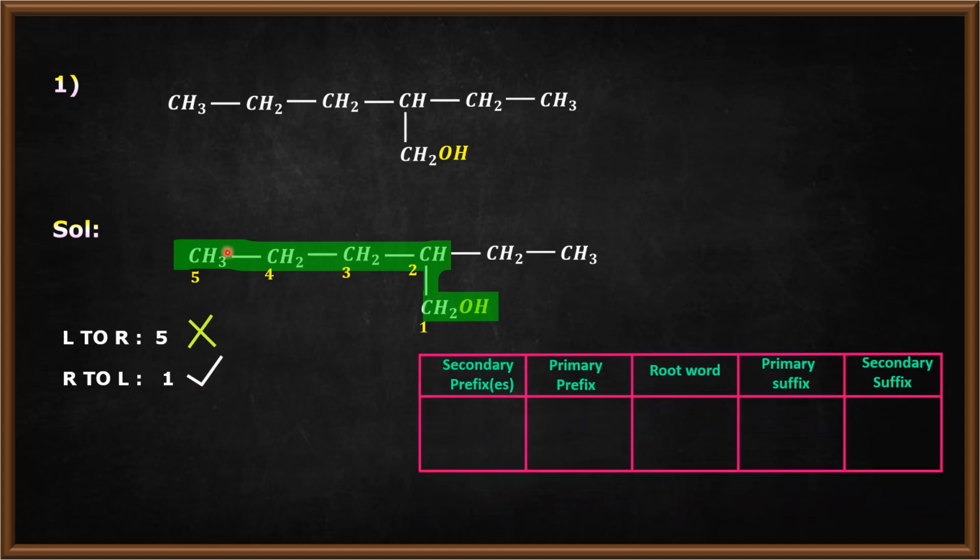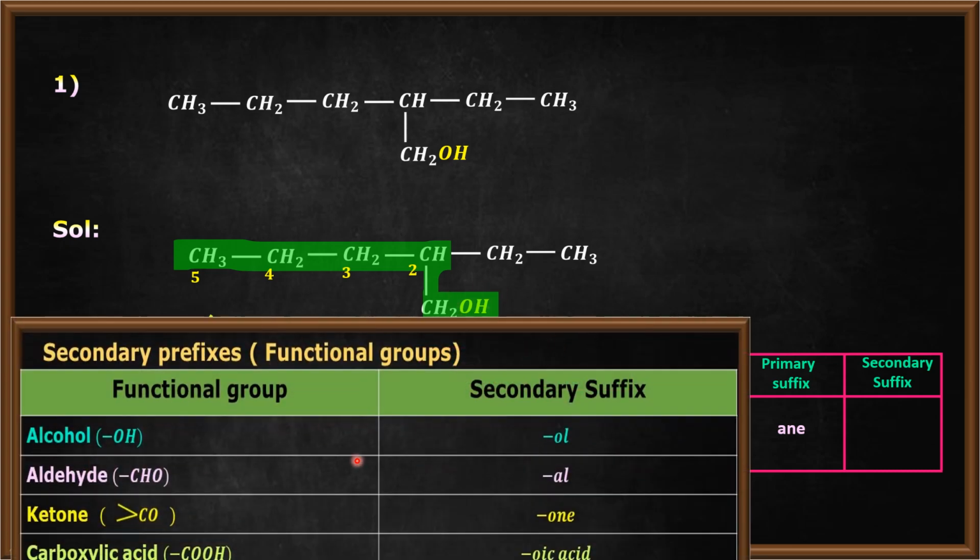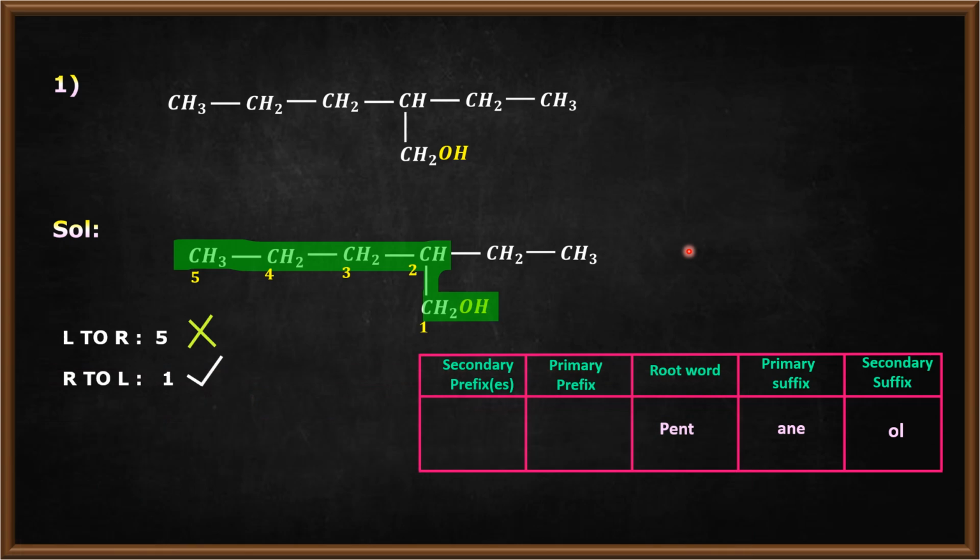In this parent chain, 5 carbon atoms are there. The root word is pent. Only carbon-carbon single bonds are there in this carbon chain, so the primary suffix is ane, and the secondary suffix for the OH functional group is ol. Next, this one should be taken as the secondary prefix, otherwise substituent: C2H5, ethyl group.